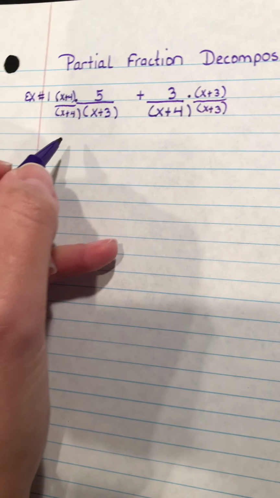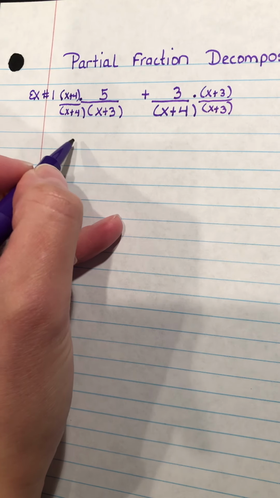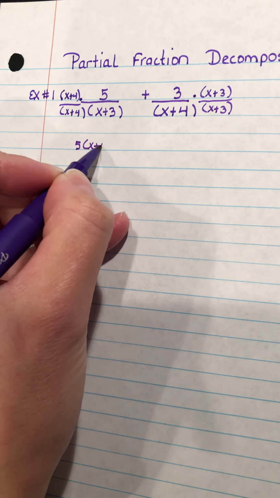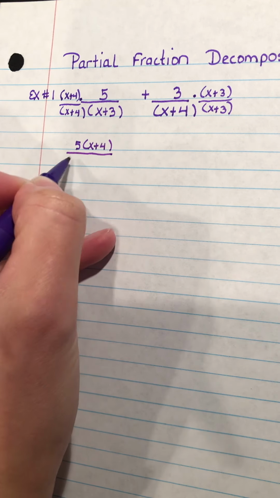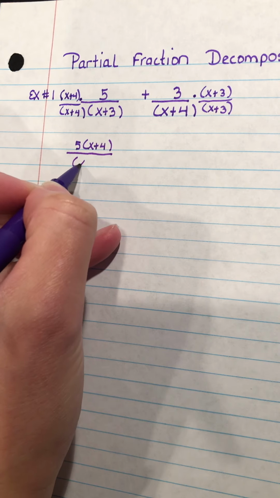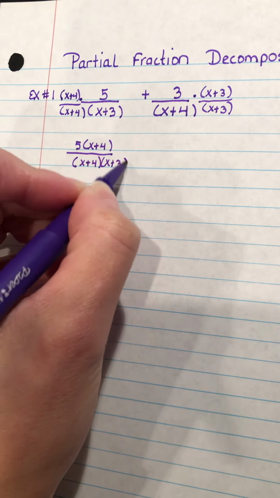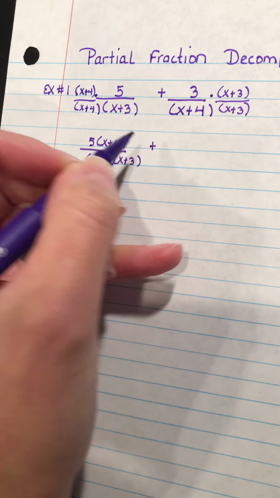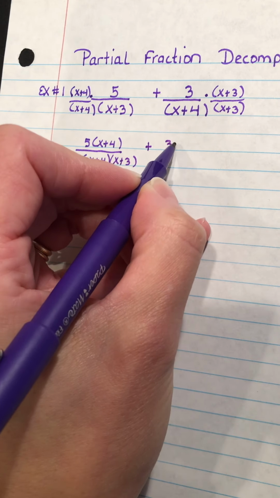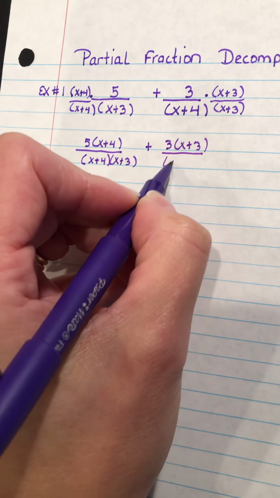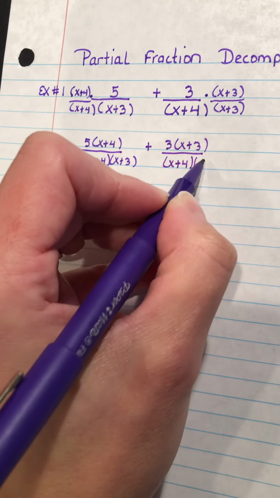Now, on the numerator, I'm going to say that 5 times the quantity x plus 4 over x plus 4 times x plus 3 plus 3 times the quantity x plus 3 all over x plus 4 times x plus 3.